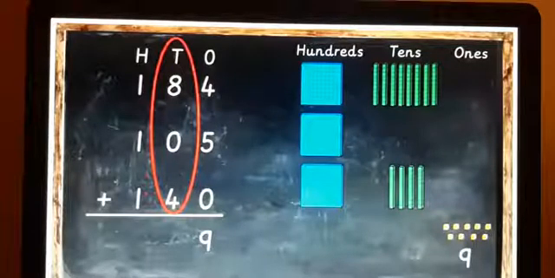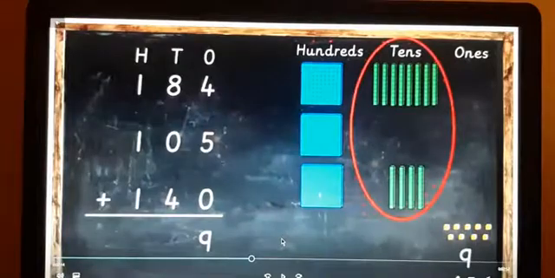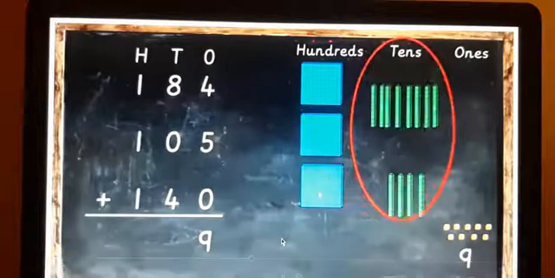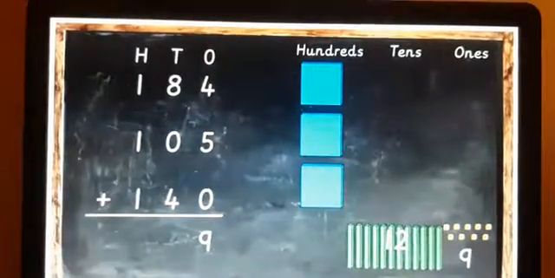Because 8 stripes, 8 tens and 4 tens, if you add, it will become 12 tens. 12 tens means, if you see the value, I'll show you here. It became 12 tens.